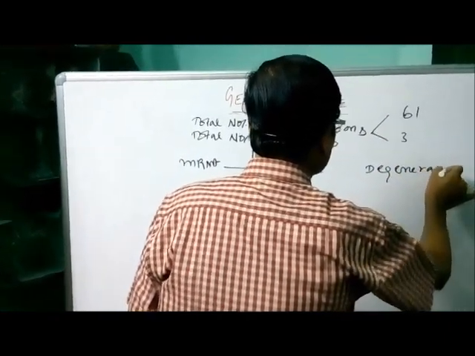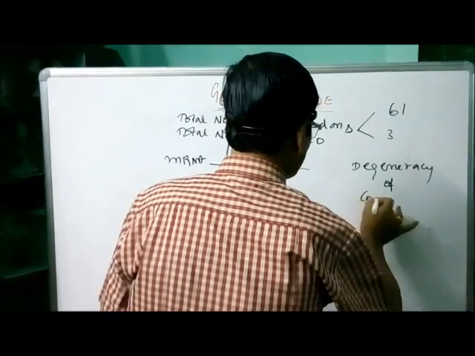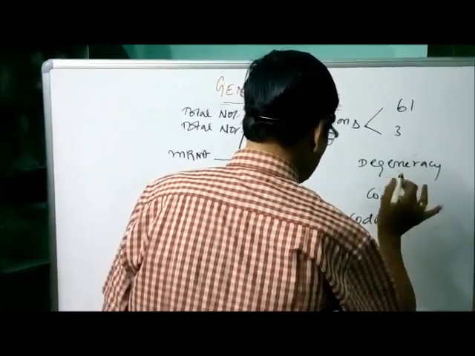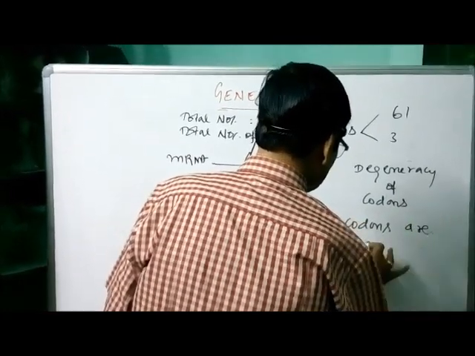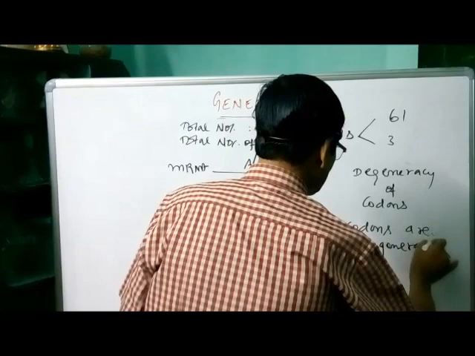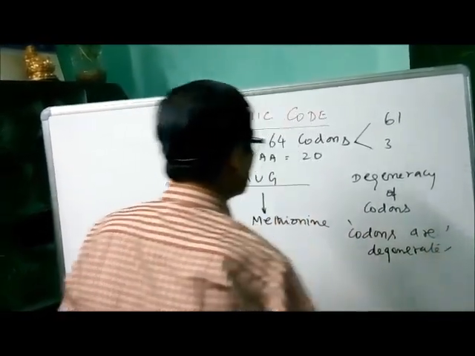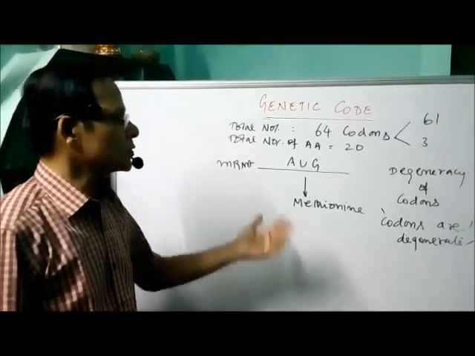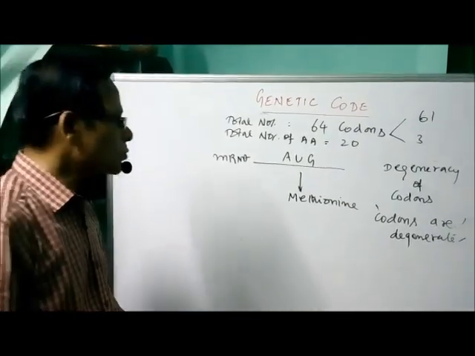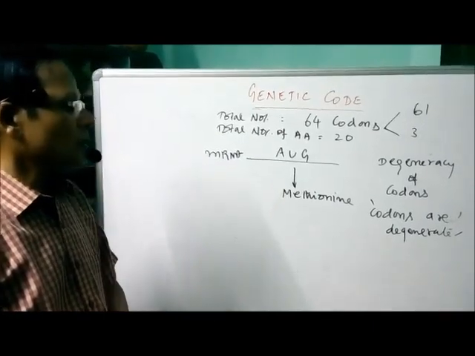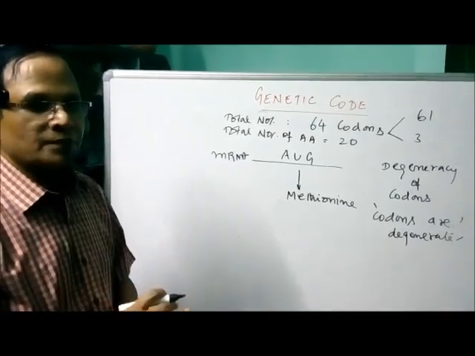Or we can say the codons are degenerate in nature. The codons are degenerate because we have more codons than amino acids. That is why there is more than one codon for an amino acid. That phenomenon is called degeneracy.